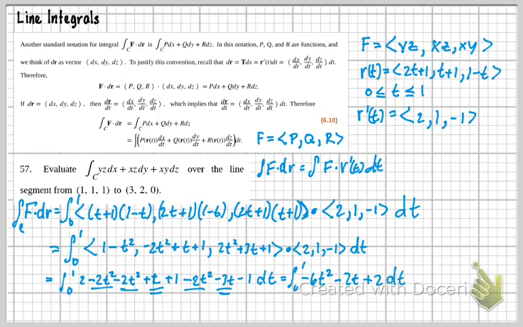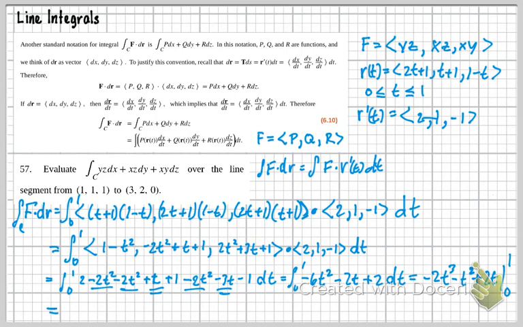And then we can just do some simple integrating here. And that's going to be, I should say, negative 2t cubed, and then minus t squared, and then plus 2t from 0 to 1.